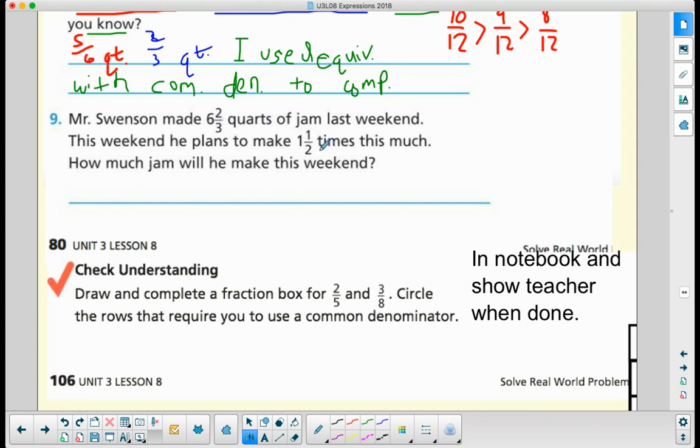So I'm going to multiply. And I guess I didn't do this one on my paper. Now, there's a couple things I can do. He's doing 1.5 times as much, or 1.5 groups of 6 2/3.